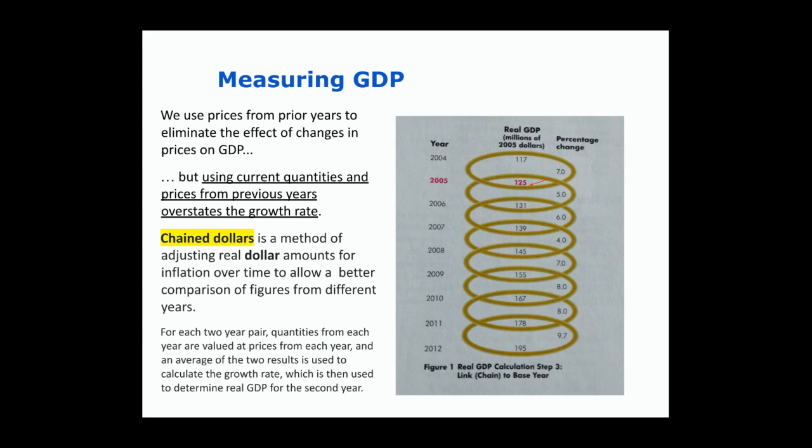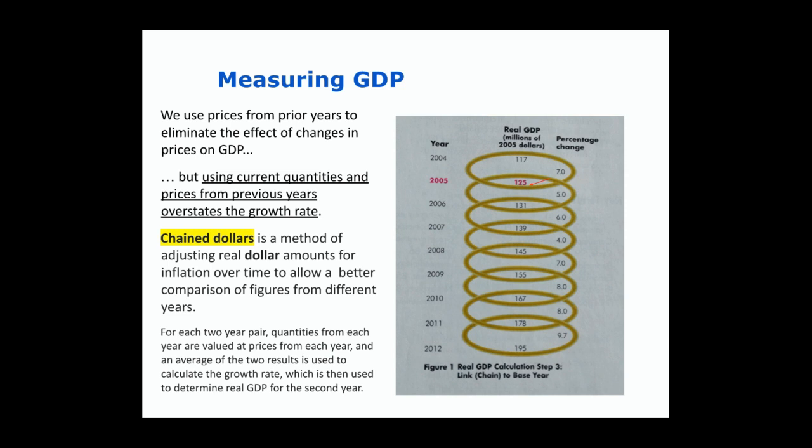In this case, the base year is 2012. It can make economic growth look larger than it is, and so the chain dollar attempt tries to look at growth in 2-year increments, and it tries to give us a more accurate picture of what economic growth might look like.